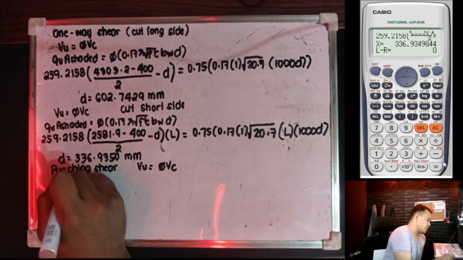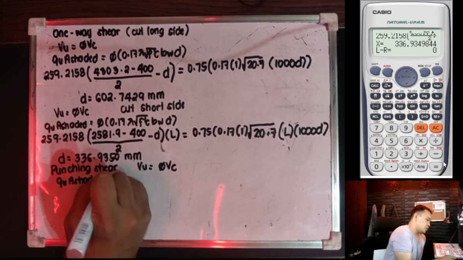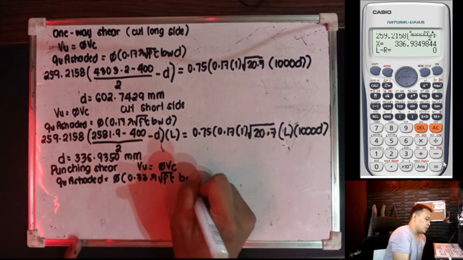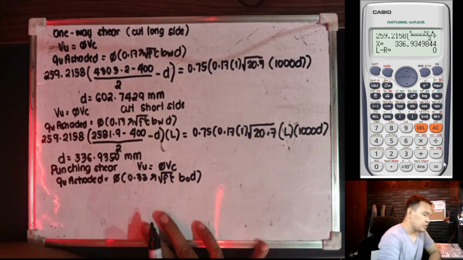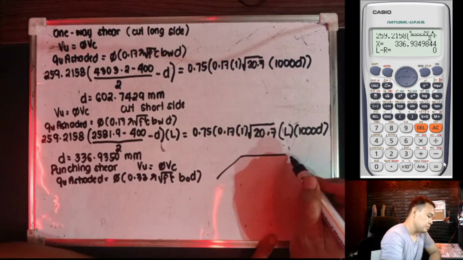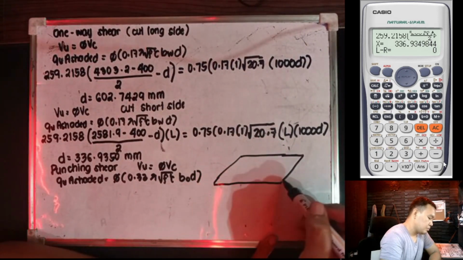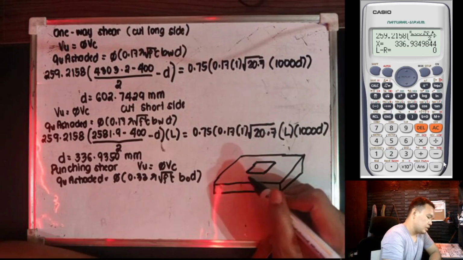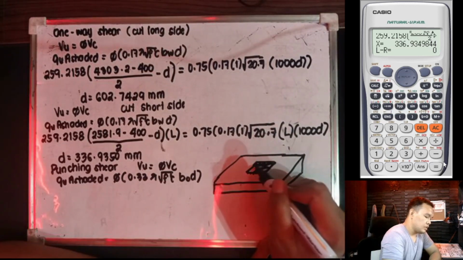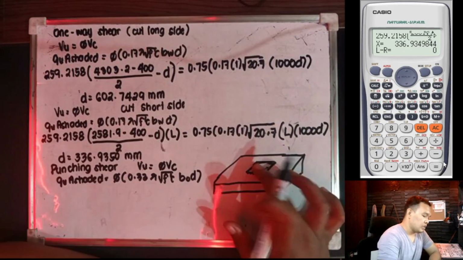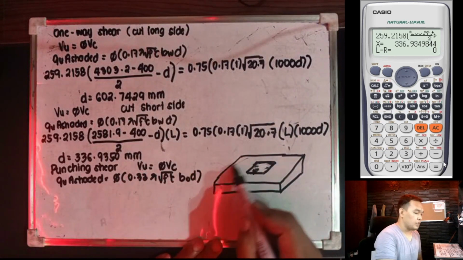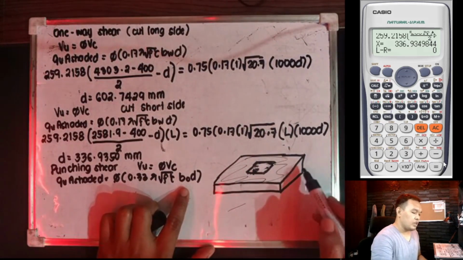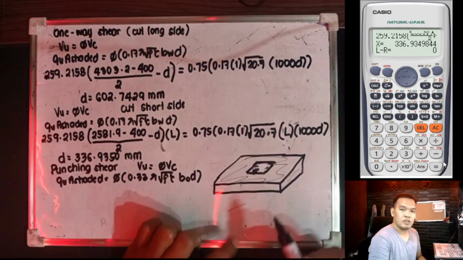So VU is Q times the area shaded, again, is equivalent to phi times 0.33 lambda the square root of F prime C BOD. Okay? So for punching, our consideration is this part here, this part that tears out. Okay? So that is what we need to compute. So our area shaded there is this part here. Then the BOD there is the area here, like the skin of this inner part.